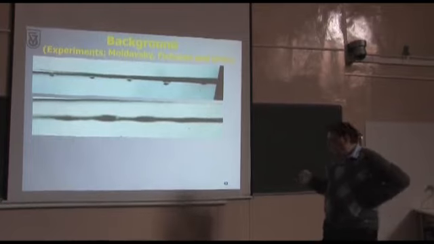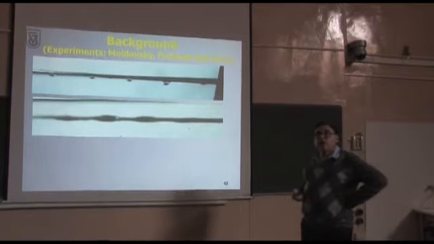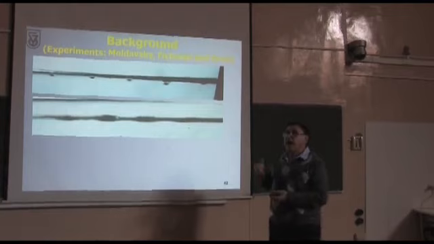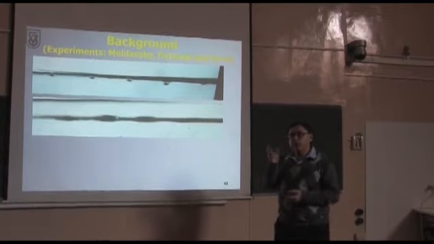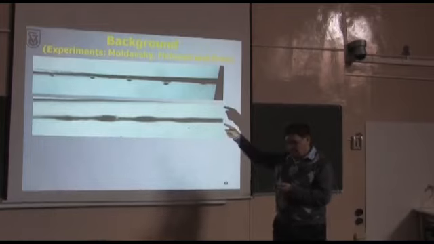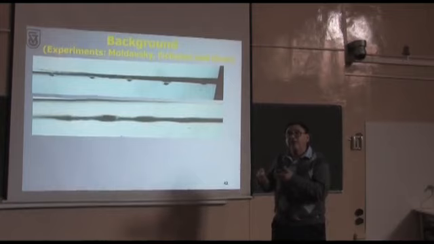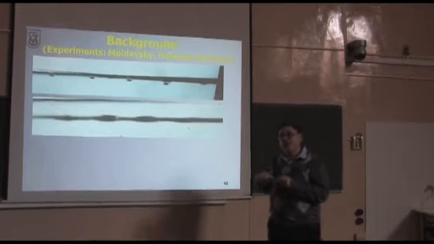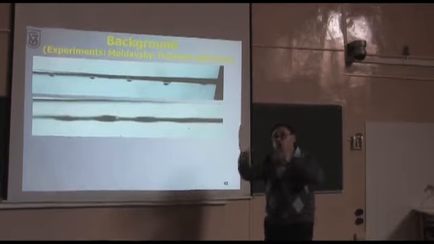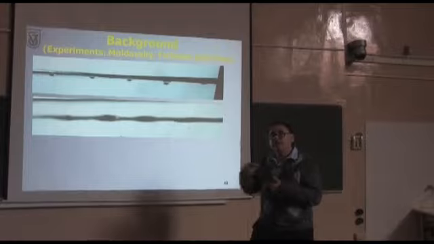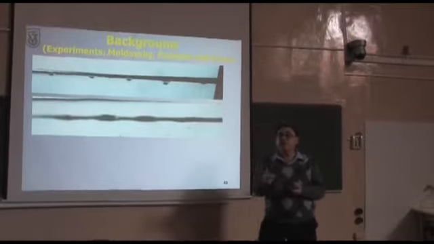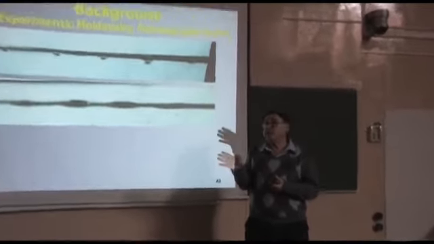Don't do anything. So we understand that now there will be a combination of two effects. One of them will be the same as in the previous slide, which is Rayleigh instability, or capillary instability of the film. We talked about a liquid column, but if you coat a solid cylindrical surface with a liquid film, you have the same thing.